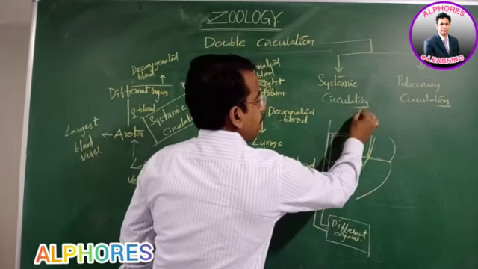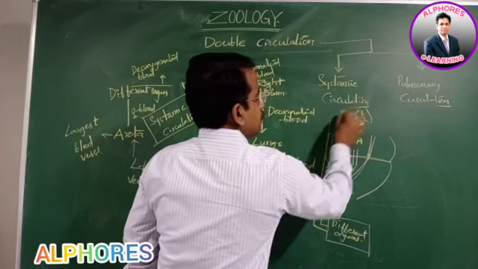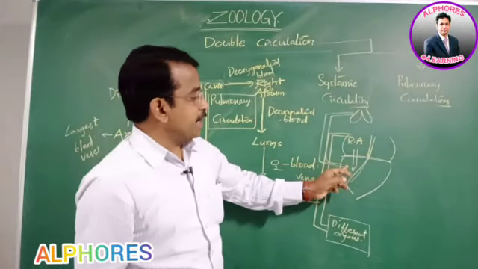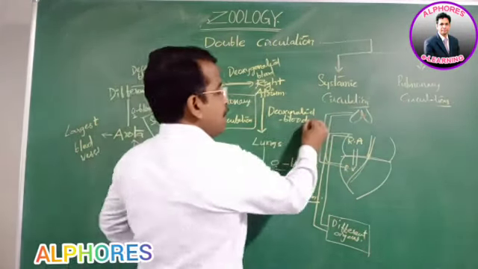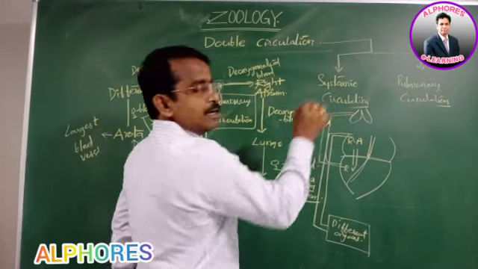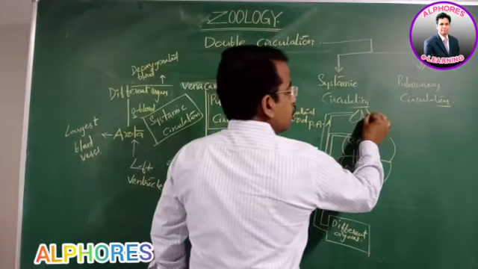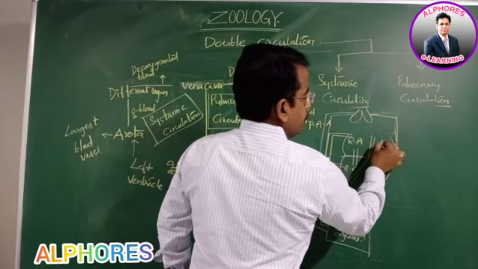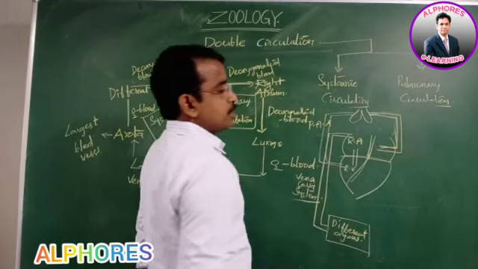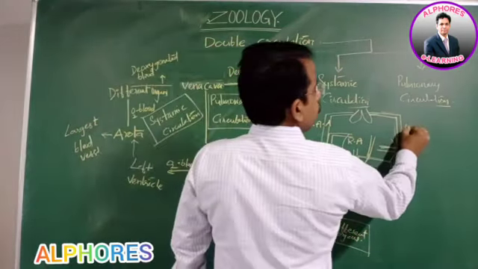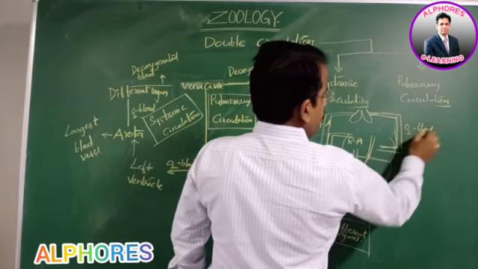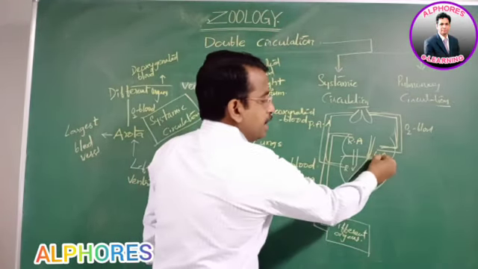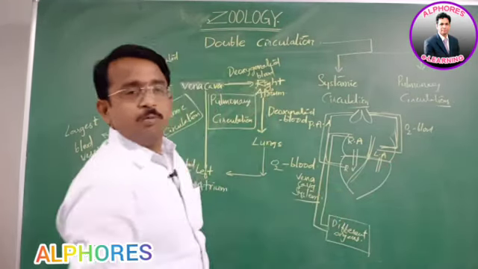From the right ventricle, the blood is pumped into the lungs via the pulmonary aortic arch. From the lungs, the oxygenated blood is pumped into the left atrium. From the left atrium, the blood is pumped into the left ventricle.